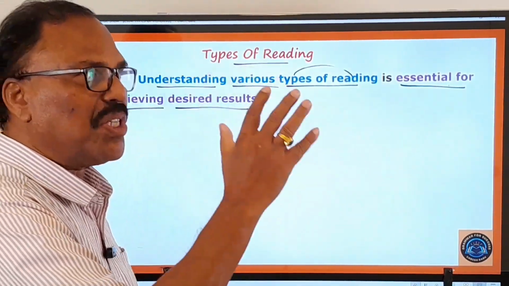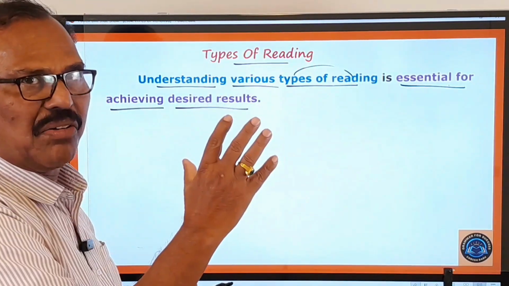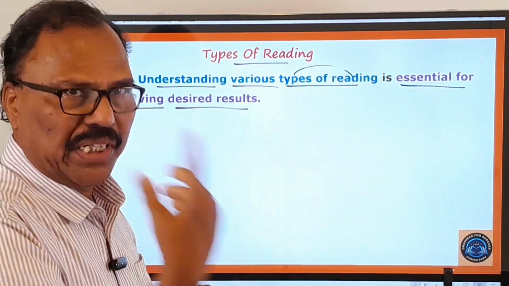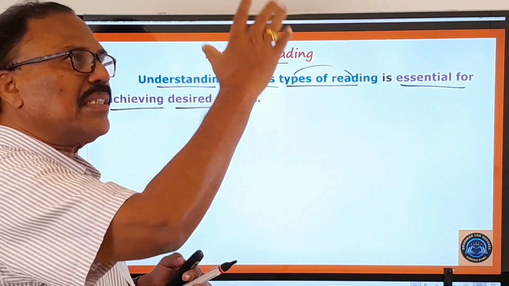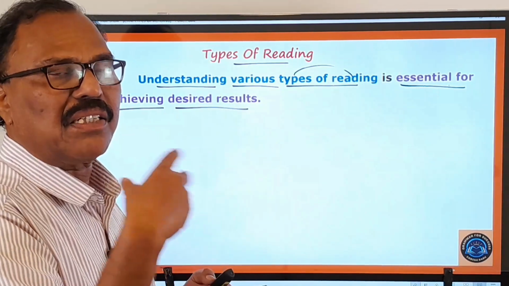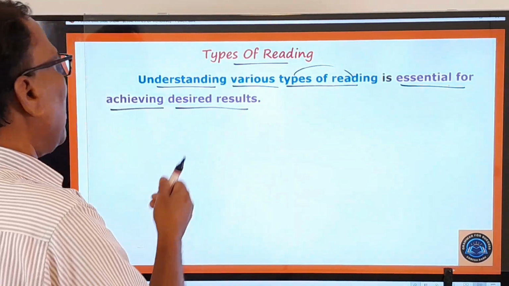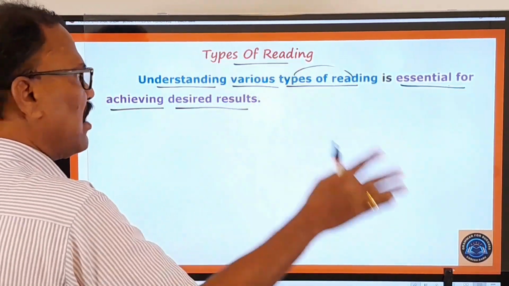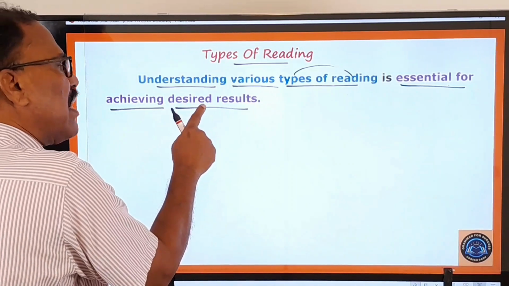If you want to achieve some definite result, you have to choose one of the types of reading. According to that type of reading, you will get its result. So that's why there are various types of reading, and all are very essential for achieving desired results.